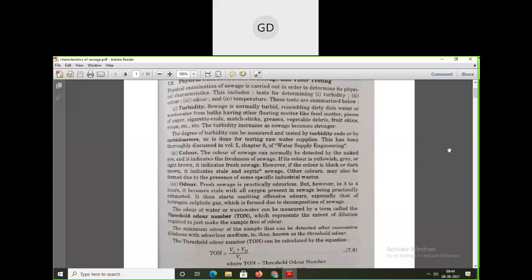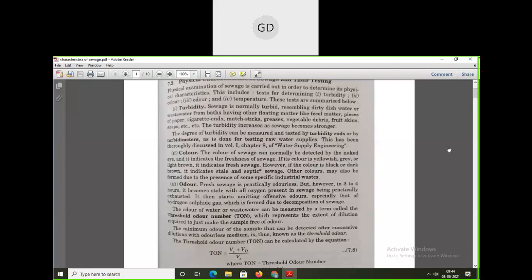This turbidity increases when the sewage becomes very strong, so when the sewage is very strong, the turbidity is also very high. You can measure turbidity with a device known as a turbidity rod, or with turbidimeters in the laboratory.